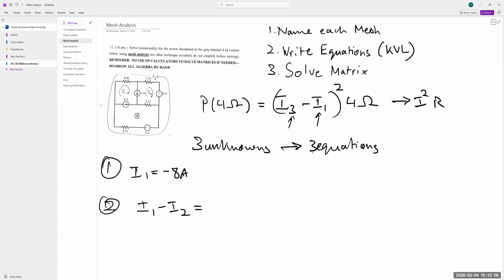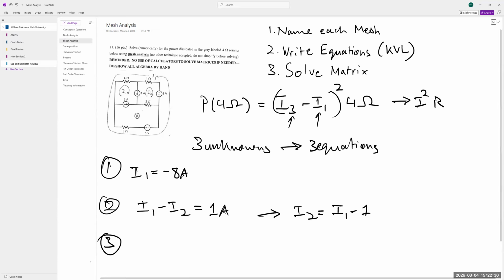That's why 1 amp is flowing downwards. So we have the difference between I1 and I2 is 1 amp. So we can just say that I2 is equal to I1 minus 1 amp. That's our second equation over there.